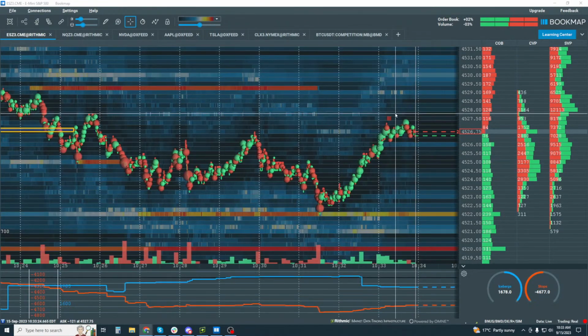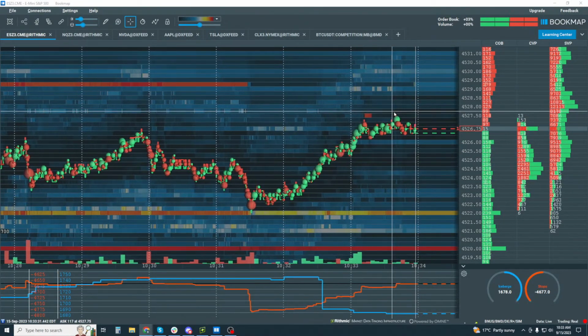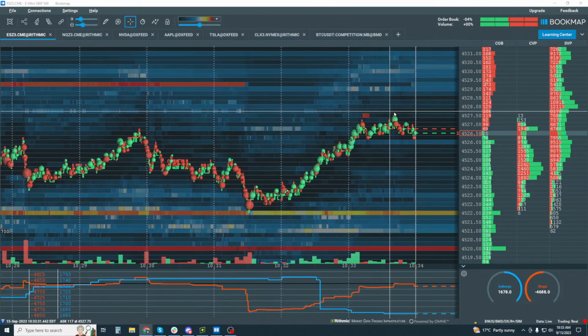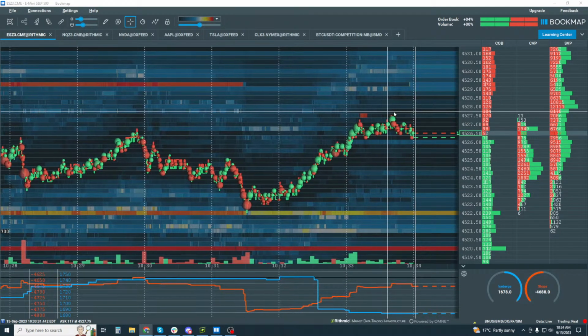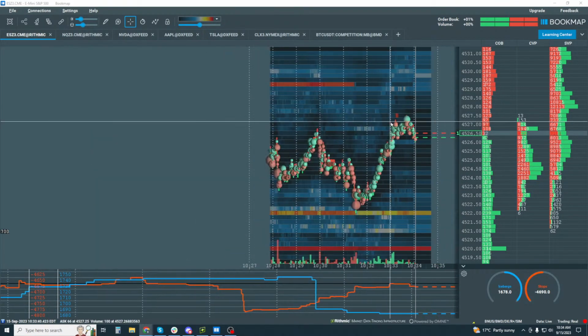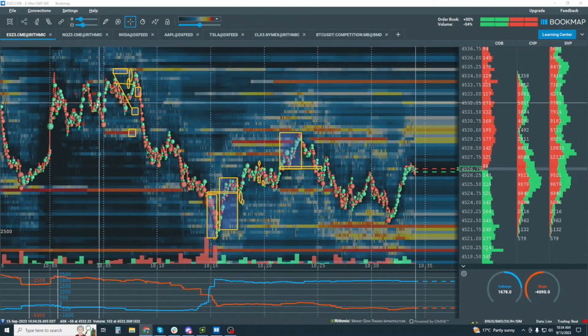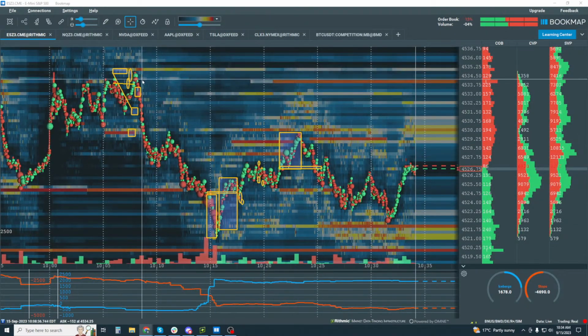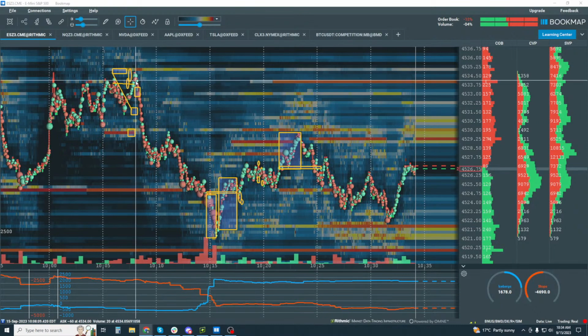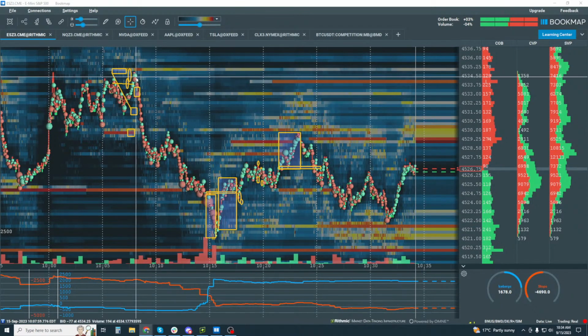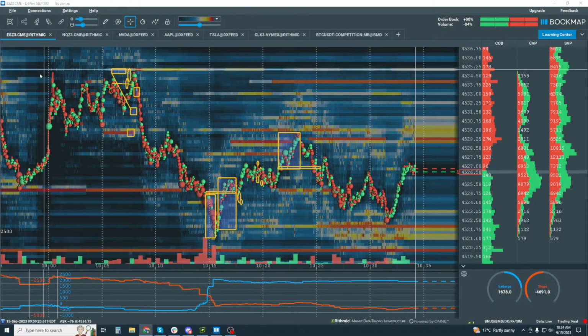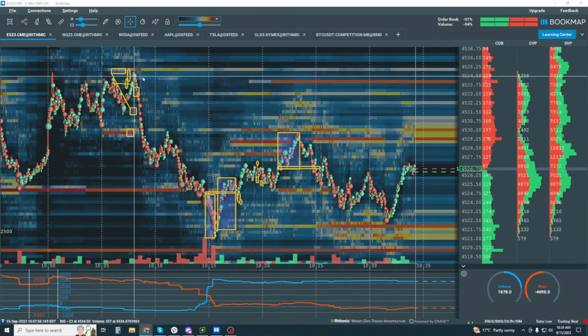Now, we've talked about this so many times in the past. We're not just looking for one thing in here, we're looking for a host of things. Even earlier this morning, we were looking for an order book imbalance, then we were looking for the buyers to come in, and then we were looking for the market structure to break.